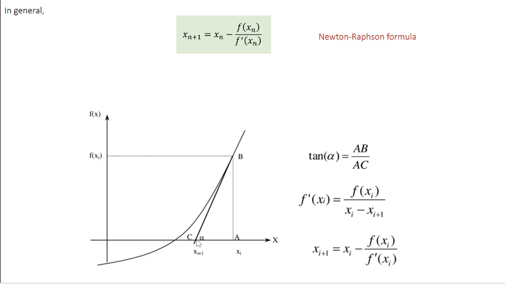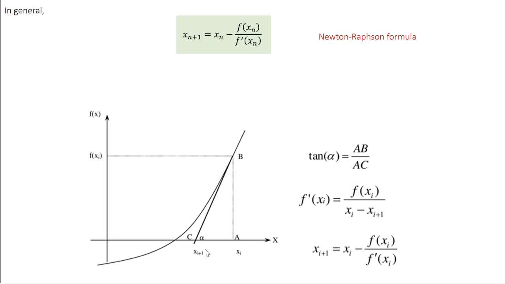Now geometrically what happens here, if you call this angle alpha, then tan alpha equal to AB by AC, and tan alpha is nothing but the slope at this point, right? And slope is the derivative, so f prime of xi equal to, what is AB? This point is f of xi, this point is 0, so AB is f of xi. And what is AC?